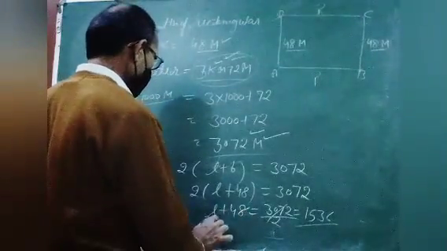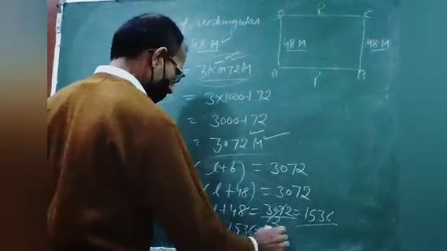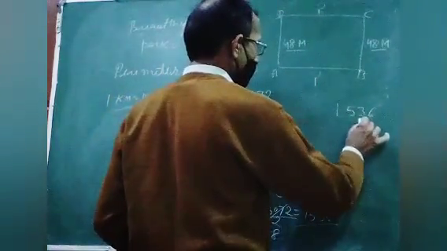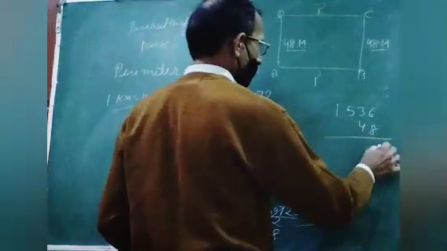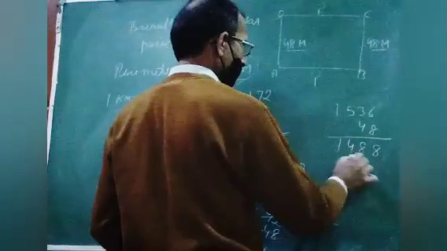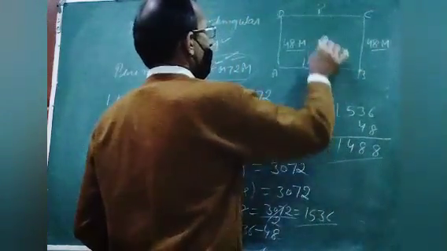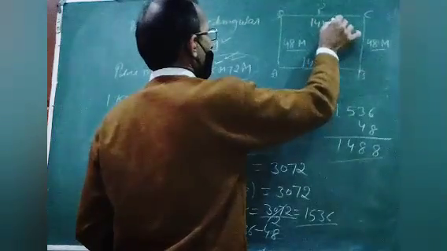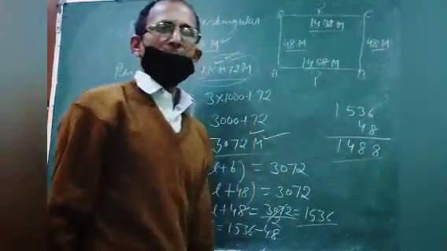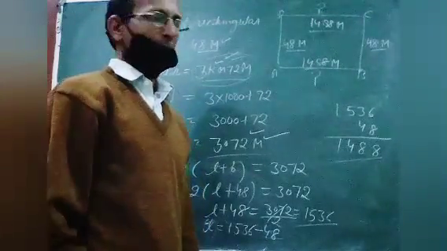So length will be equal to 1536 minus 48. Now 1536 subtract 48. So here will be 8, here will be 8, here will be 4, here will be 1. So 1488 meter. So this is the length of the rectangular park.